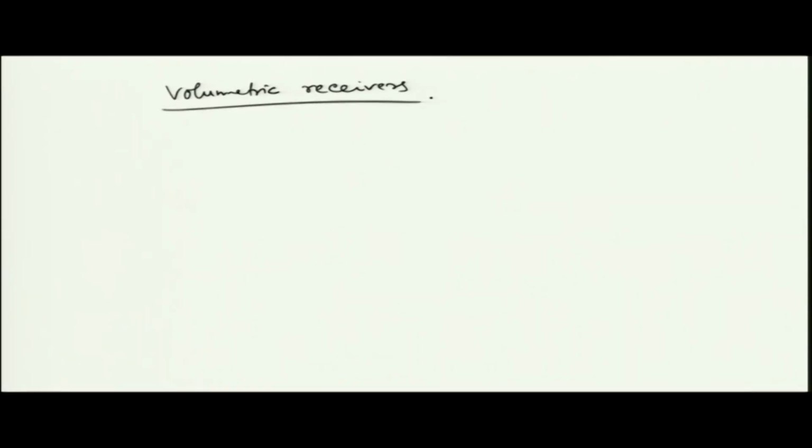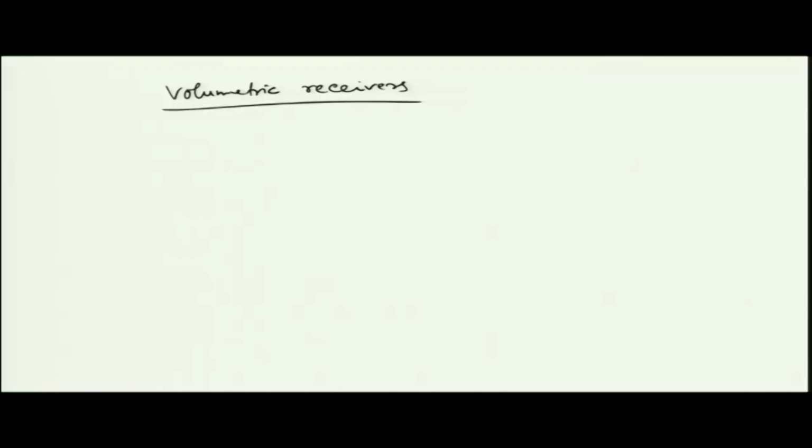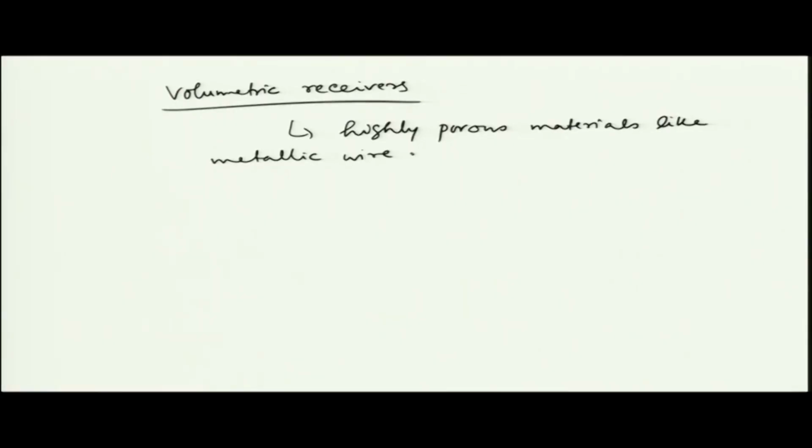Other than the external or cavity type, we have these volumetric receivers, where we have highly porous materials like metallic wire mesh, or ceramics, or honeycomb structure.